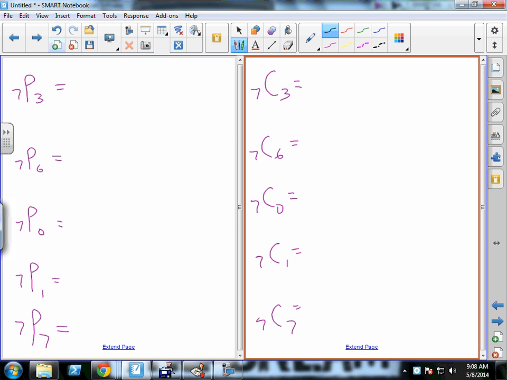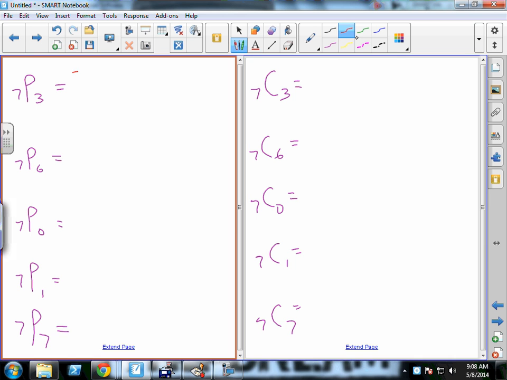So for permutations, we said it's n factorial. So this is 7 factorial over the quantity 7 minus 3, the quantity factorial. Don't cancel factorials. Once you factorialize it, then you can cancel. So this is 7 factorial over 4 factorial.